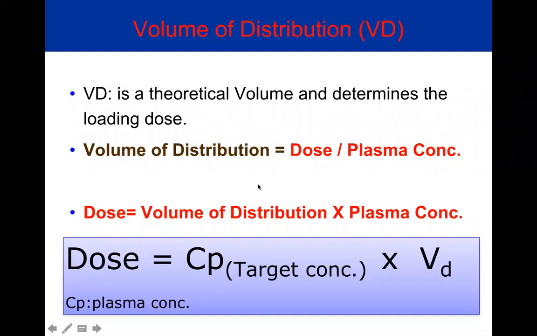And this is an important calculation. We can conclude the bolus dose from knowing the volume of distribution. So here the dose equals plasma concentration, which is represented here as our target concentration, multiplied by the volume of distribution.